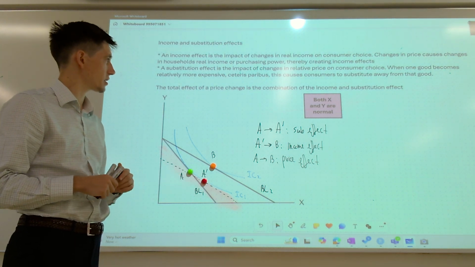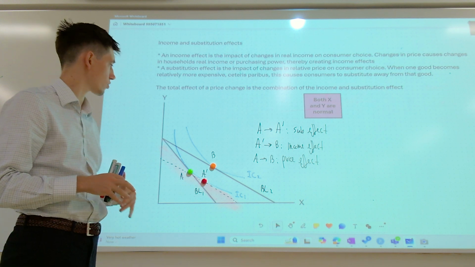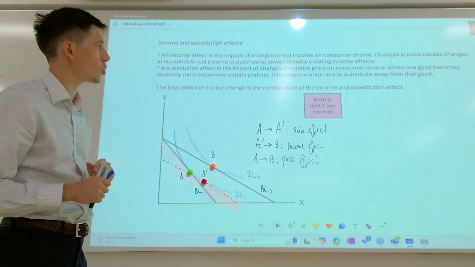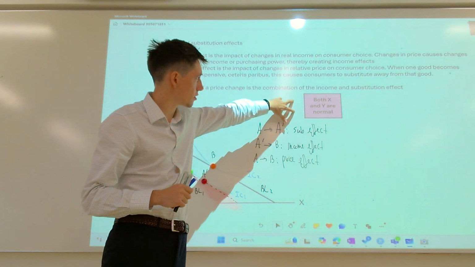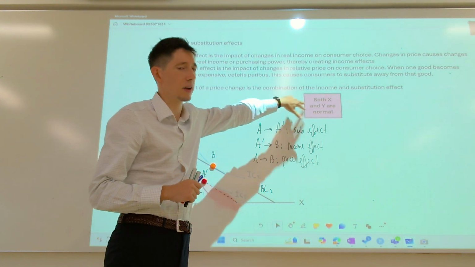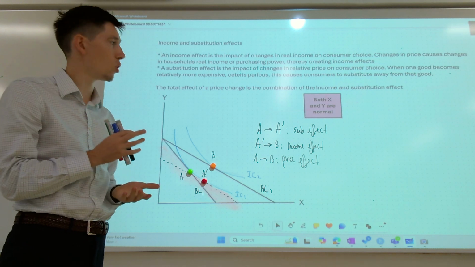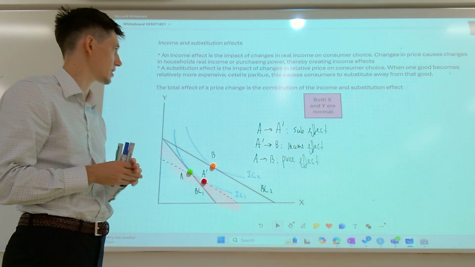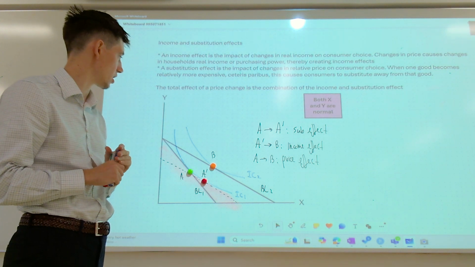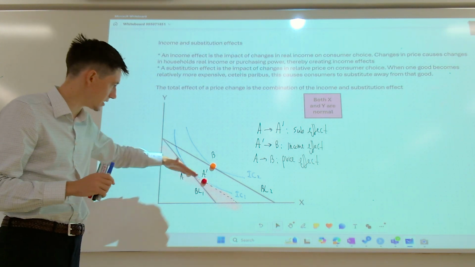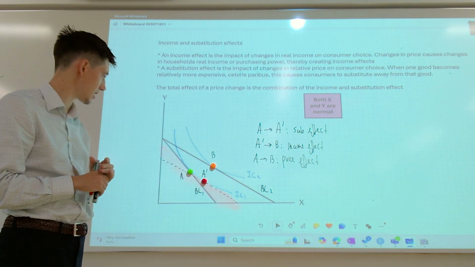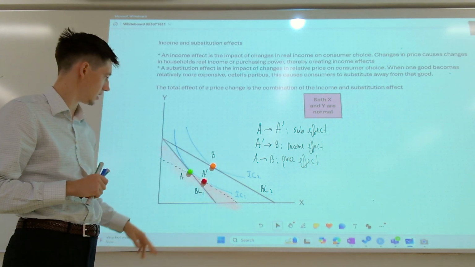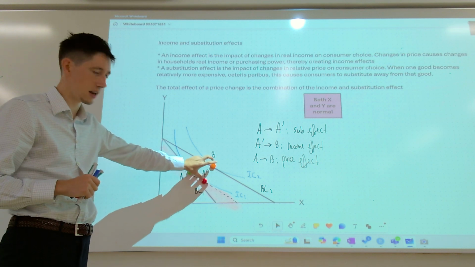Okay, so what I suggest you do is you try and recreate this diagram for yourself and crucially explore different situations relating to whether or not X and Y are both normal, whether or not one is normal, one is inferior, and so on, because that will give you a different analysis each time. But keep the basic structure of your analysis the same in terms of breaking down the total effect or the price effect into substitution effects and income effects.